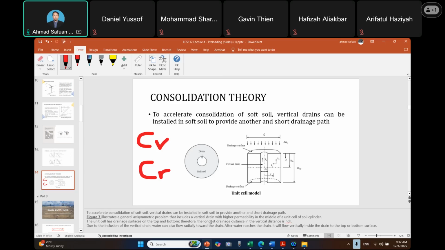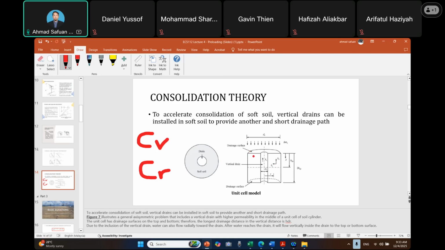Therefore, the longest drainage distance in the vertical drain is HDR. Due to the inclusion of the vertical drain, water can also flow radially towards the drain. After the water reaches the drain, it will flow vertically inside the drain to the top of the surface.